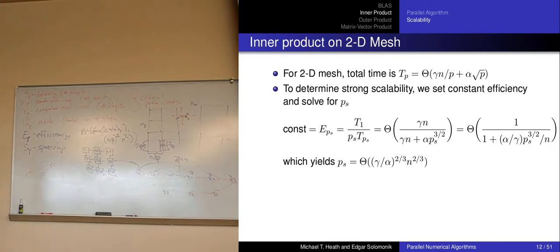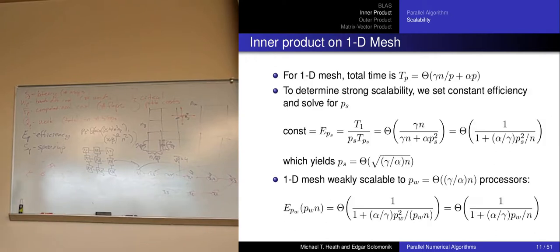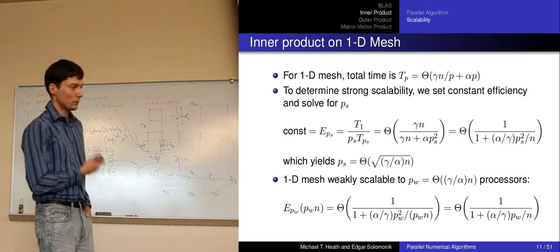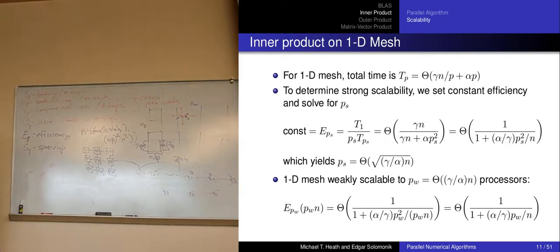Actually, let's see if we have an intuition for this. Let's go back to the 1D mesh, because I'm just giving these numbers and not really explaining what that means. So we have a 1D mesh and we can strong scale it to something proportional to the square root of the local size. It's hard to get an intuition for.